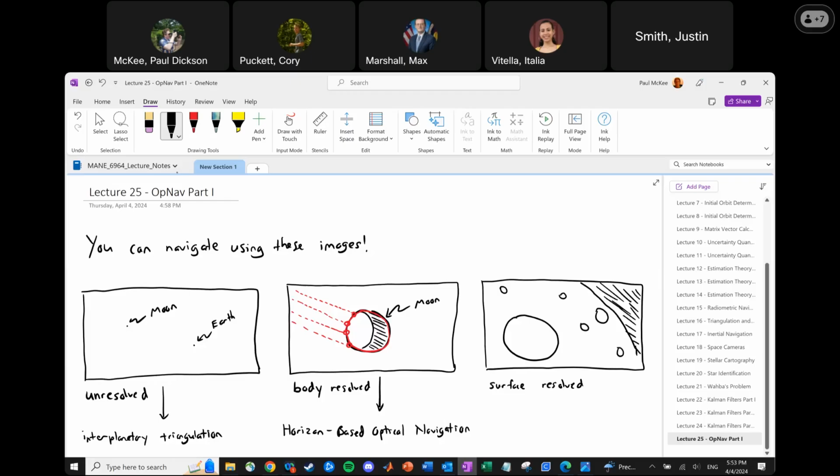No, you're absolutely right. If you can identify surface features in a global sense, you could say, okay, I recognize this crater and this crater and this crater, and you get the centroids of those craters.